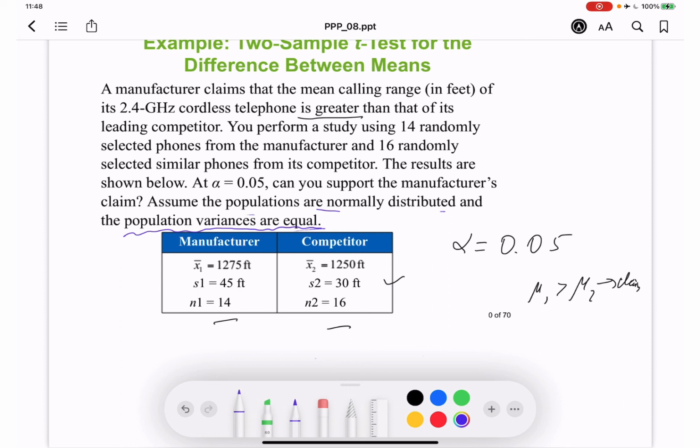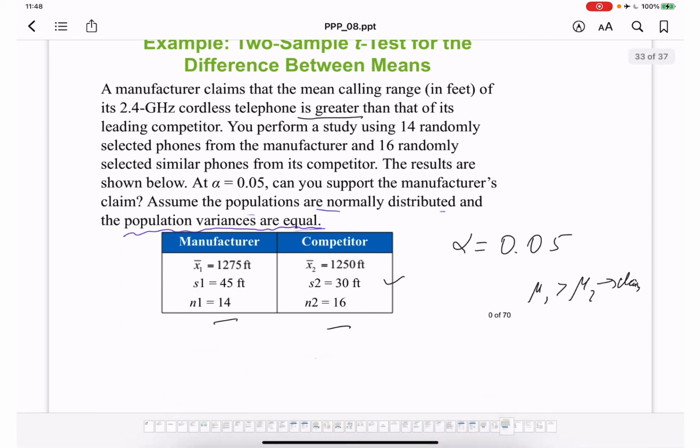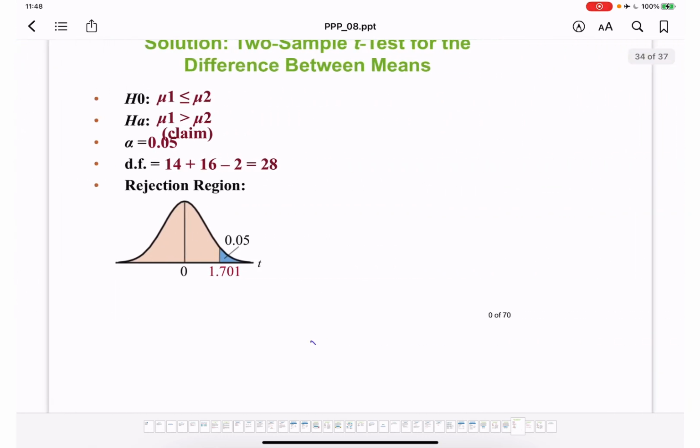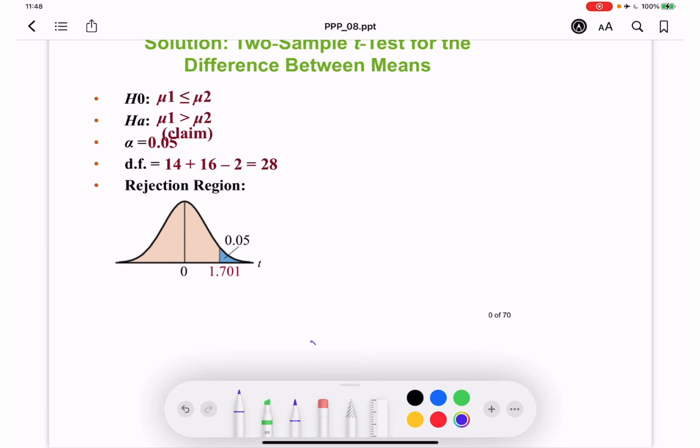And we built the standardized test. Now we have equal variances. So what does that tell us? It tells us that our degree of freedom is going to be calculated as the sum of n1 plus n2, minus 2, and that will give us the degree of freedom. Here we have 1.701 as the calculated t critical.